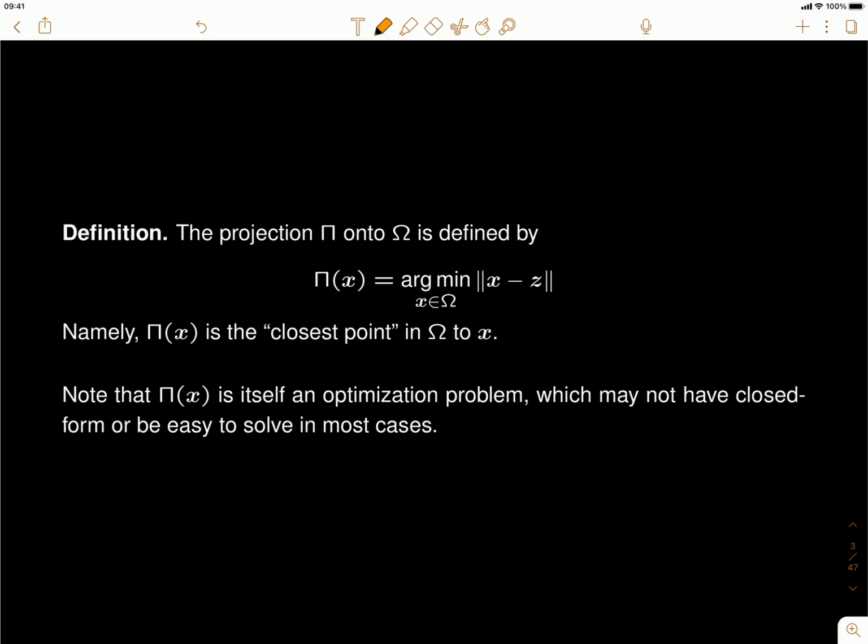Say I have this as my omega, which is not necessarily convex. I could have a point x here, and then the projection is pretty simple. It's just the point in omega that is closest to x, and probably this point right here is closest. And if it's here, then it's probably clear that this would be the point.